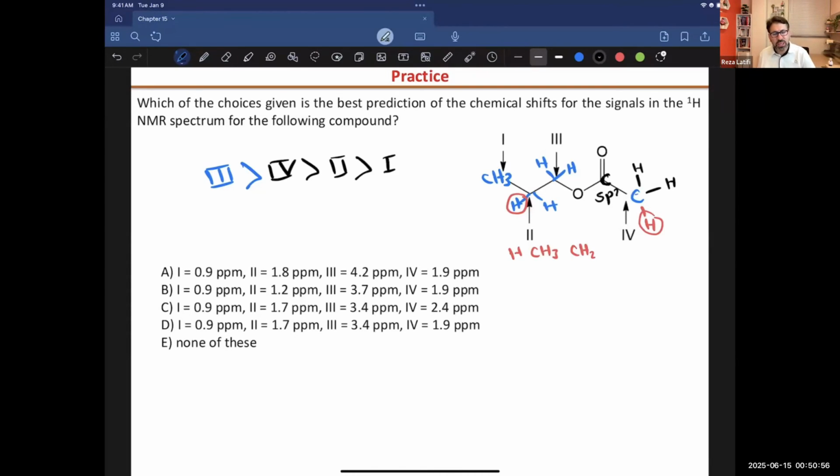So my answer is number 3 has the highest, at 4.2, and next is number 4 at 1.9, then number 2 is higher than number 1, at 1.8, and the last one is 0.9. So the correct answer, I'm going to say, is A.